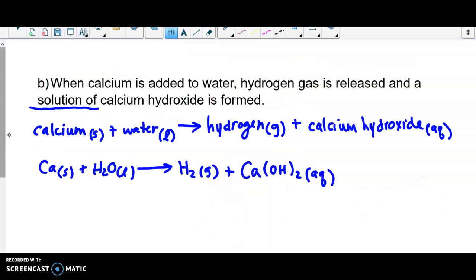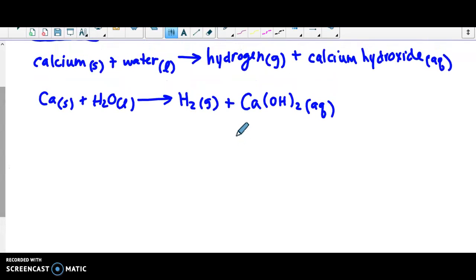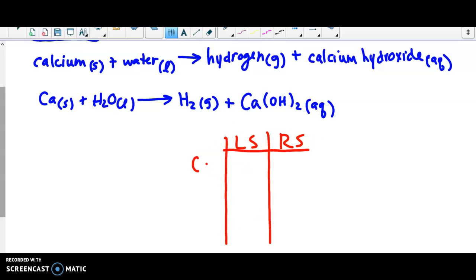Next example, same thing. This time, I'm going to compare left-hand side, right-hand side with the atoms that are present, calcium, hydrogen, and oxygen. So on the left-hand side, I've got 1 calcium, I've got 2 hydrogens, and 1 oxygen. On the right-hand side in my products, I've got 1 calcium, I've got 4 hydrogen. 2 hydrogens are here.